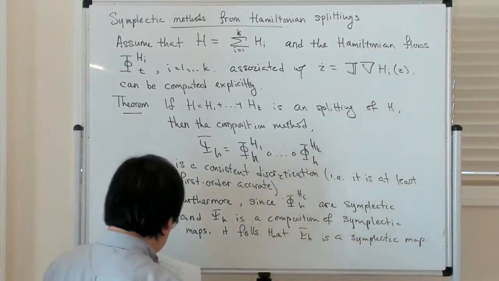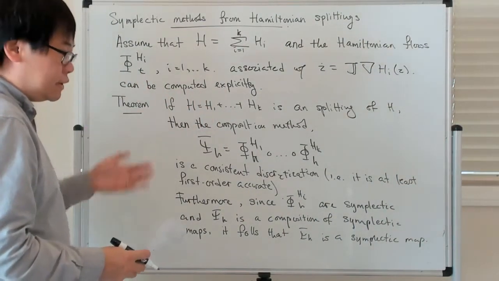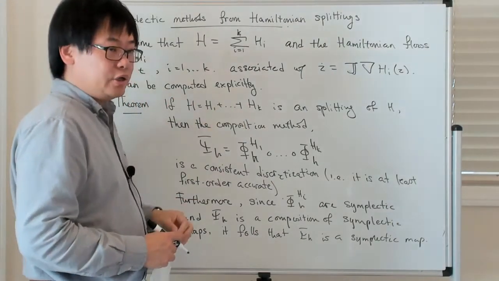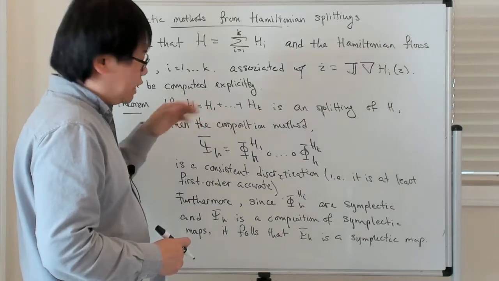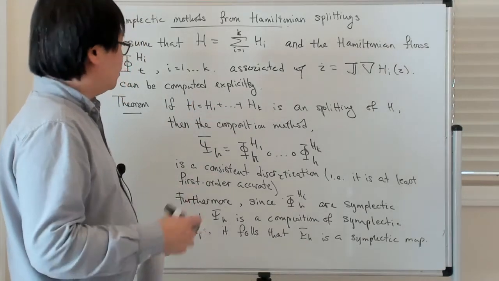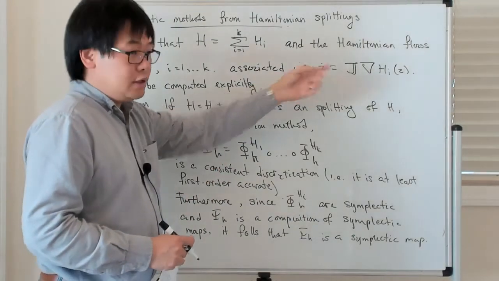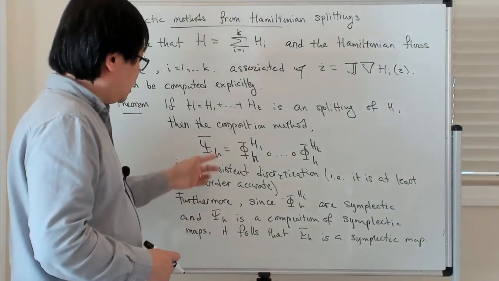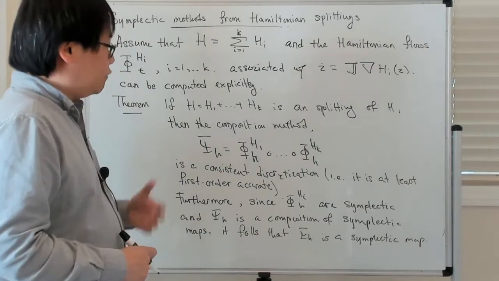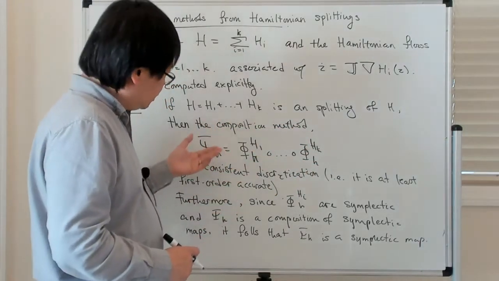So the take-home message is that if you start with a Hamiltonian system and you somehow conspire to write that Hamiltonian as some combination of Hamiltonians H_i, from i equals 1 to k, and it turns out that you can exactly compute the Hamiltonian flows associated with each of these H_i's, then when you take this composition, you get a method which is at least first order accurate, and furthermore that composition of symplectic maps gives you a symplectic map, so you have a symplectic numerical method.